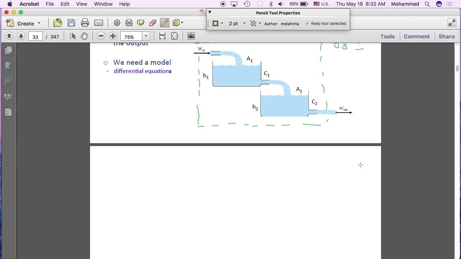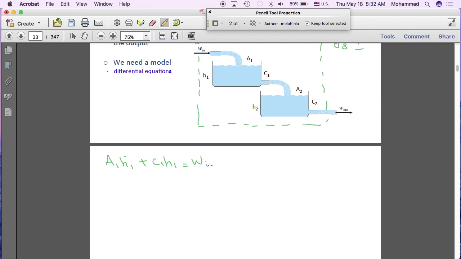So tell me. Yes? For the first tank, we just do what we did before. We have H dot equals 1 over A times Wn minus CH. Absolutely. So the basic equation, from the beginning, was A1 H1 dot plus C1 H1 equal to Wn.